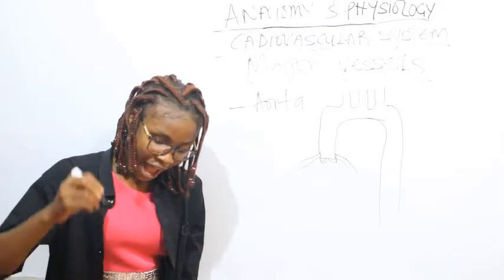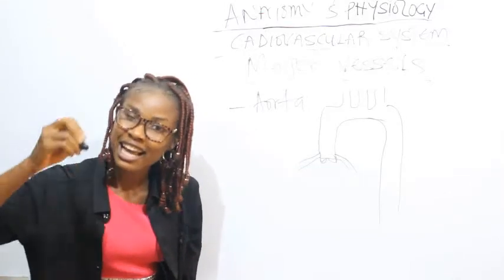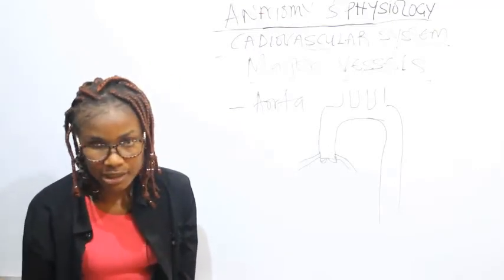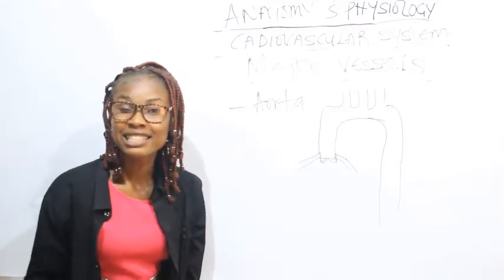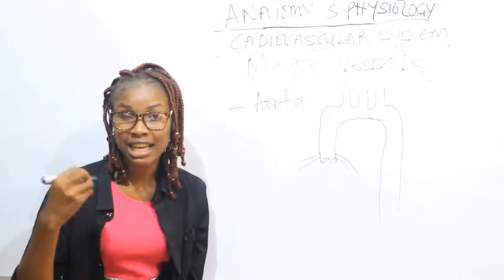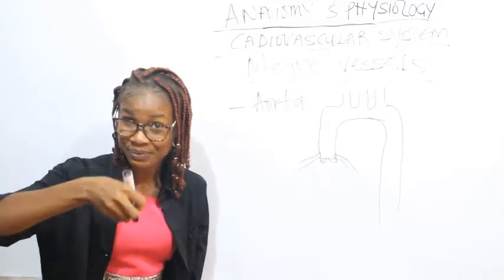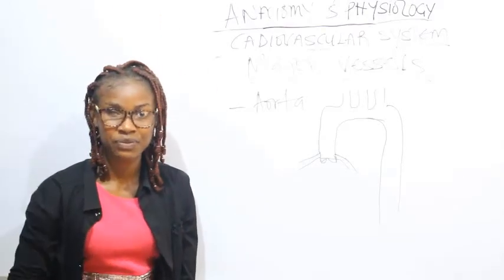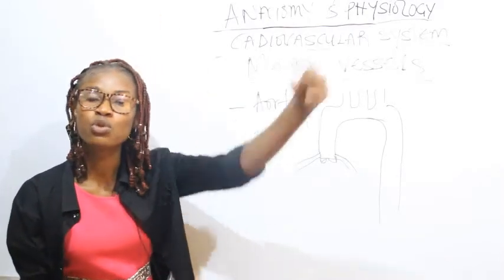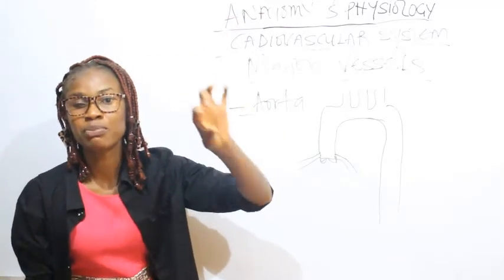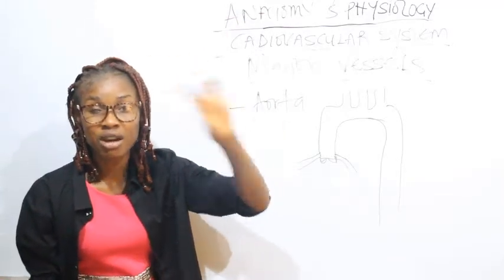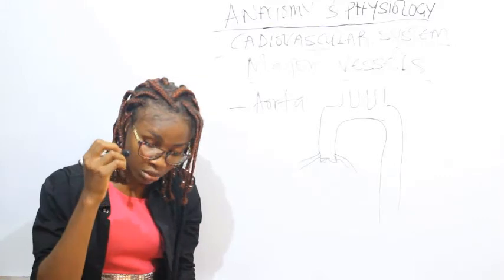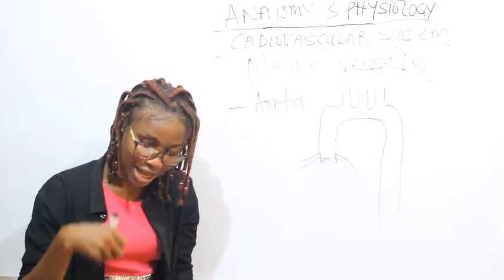Now, at the point of the sacroiliac joint, these right and left common iliac arteries split again, forming internal iliac artery and external iliac artery. Now, the internal iliac artery will go and supply blood to the pelvis and the pelvic organs, whereas the external iliac artery will supply blood to the lower limb.